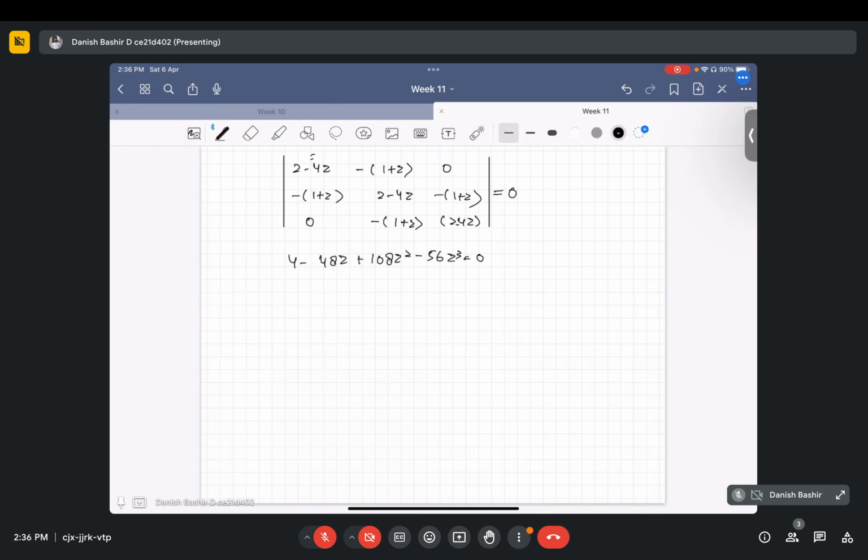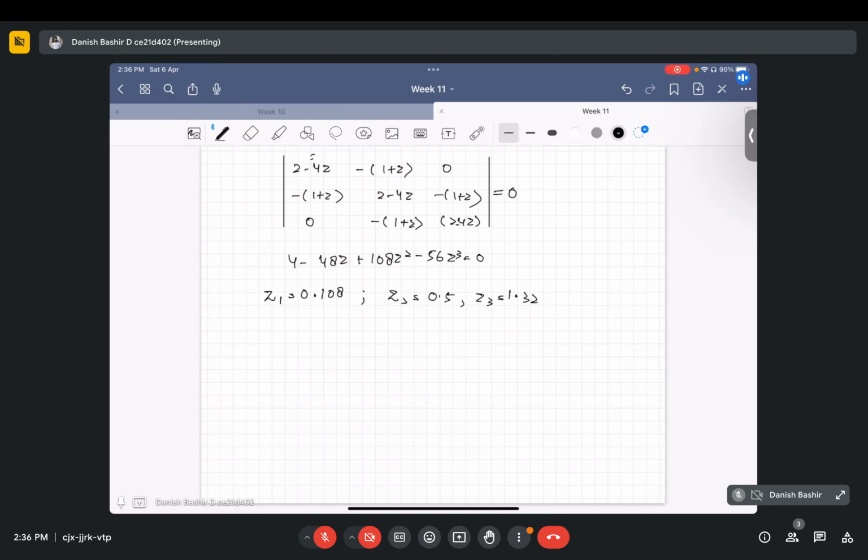So the three roots of this cubic equation will be z1 equal to 0.108, z2 equal to 0.5, and z3 equal to 1.32.